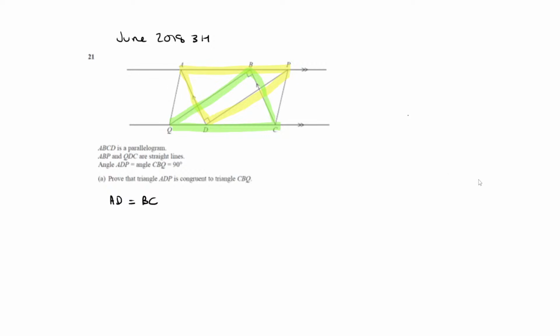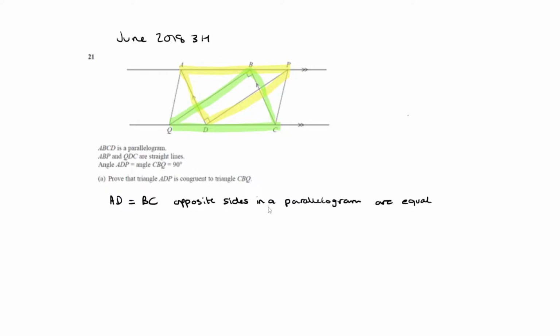In parallelograms, same as rectangles, the opposite sides are the same length. So you would say something like opposite sides in a parallelogram are equal. You have to put a reason, if that makes sense.